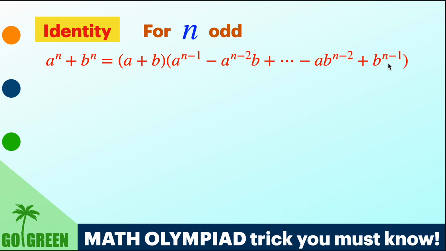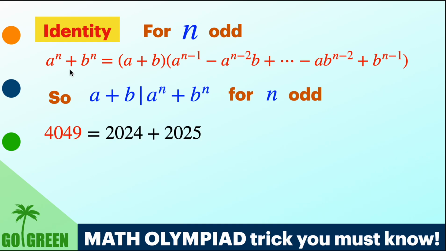That is the main thing here. So for n odd, A to the n plus B to the n can be written as A plus B, which is a natural number, times this other factor, which is not a natural number but is an integer. If we can write A to the n plus B to the n as A plus B times some integer, then A plus B divides A to the n plus B to the n.